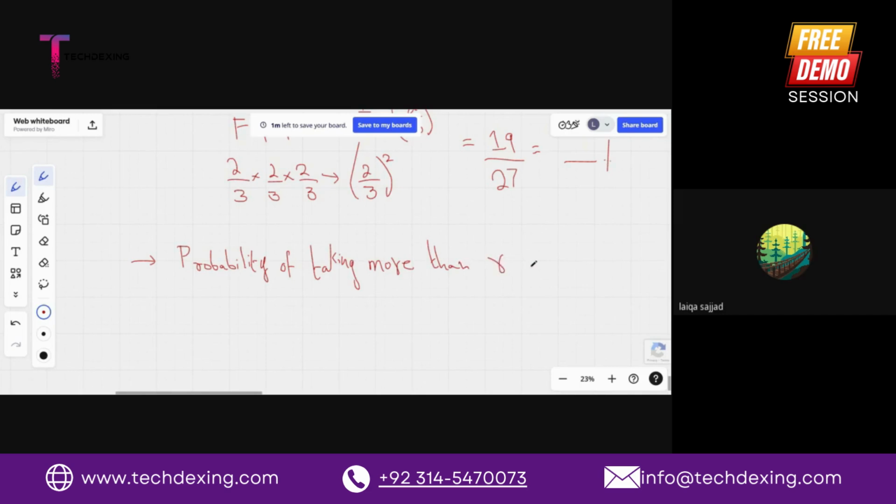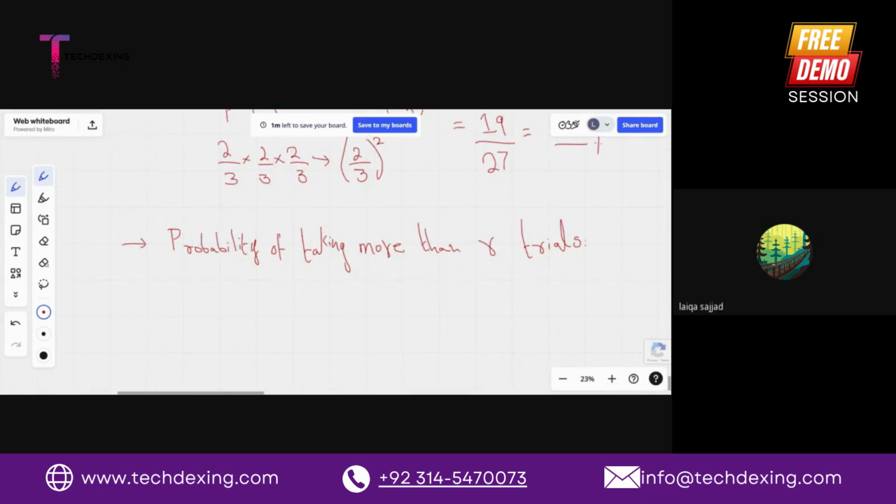It can be any number, so I am representing it as R. Okay, so let's say you are given in the question, what is the probability that she will not succeed in the first 10 attempts. So it means that she will take more than 10 attempts in order to get successful, right?